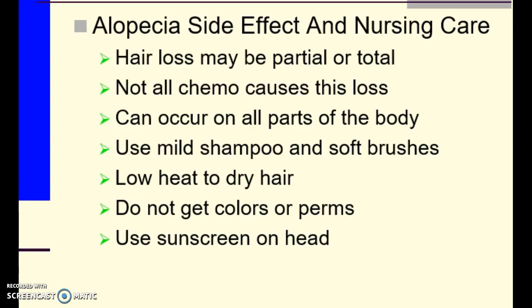It doesn't have that chunks here and chunks there look, or at least cut it short. Help them with wigs or scarves, finding hats. I know that a lot of wigs are uncomfortable because they're tight and they're hot, but they make these really cute little cotton hats. They're made out of t-shirt material. You can teach the patient to wear one of those with a scarf around it, and they're actually really cute.